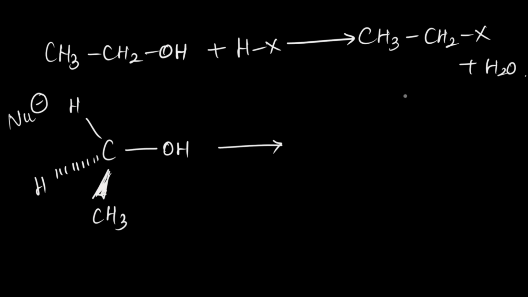In the SN1, we talked about it can attack from either side, and depending on that the product formation will be there. But here there is no opportunity to attack from the leaving group side. It has to attack from the opposite side. Correct. So in that case, it will form an intermediate like this.